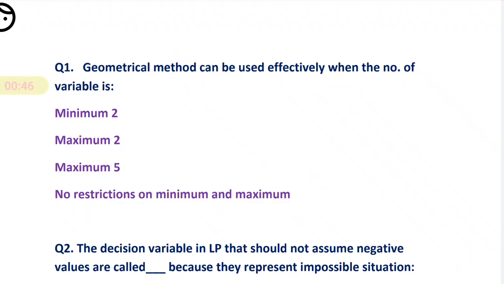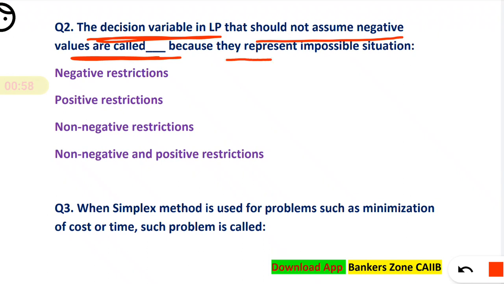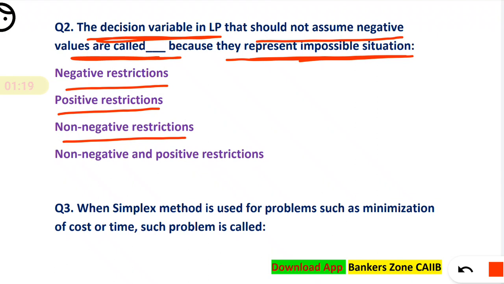Okay, now see the second question. The decision variables in linear programming that should not assume negative values are called dash dash, because they represent an impossible solution. The options are: negative restriction, positive restriction, non-negative restriction, non-negative and positive restrictions.